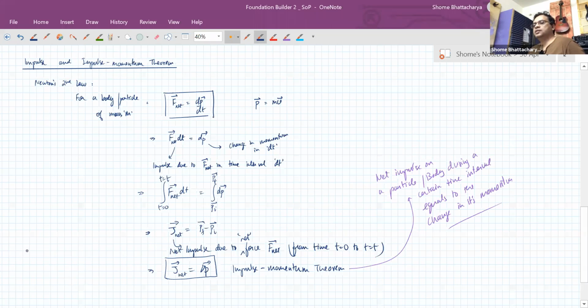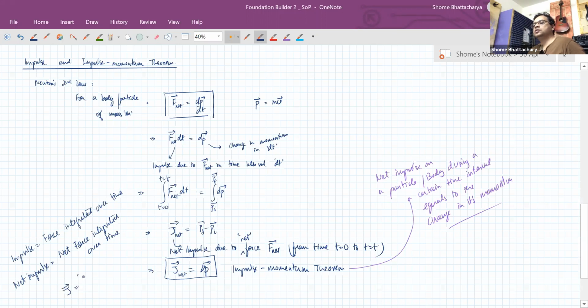So impulse is basically equal to force integrated over time. So net impulse equals the net force integrated over time. Okay.